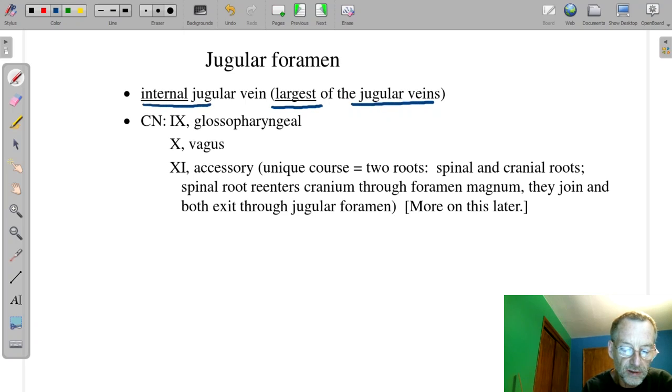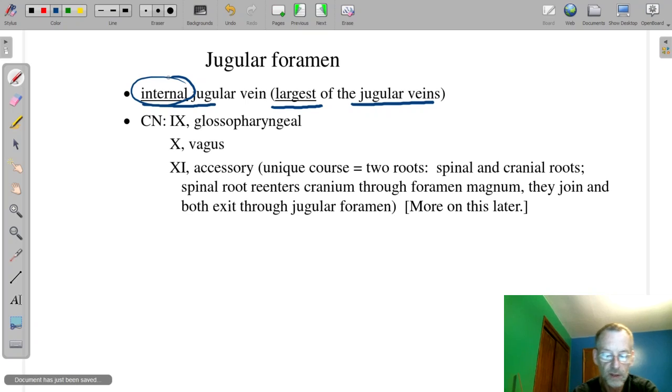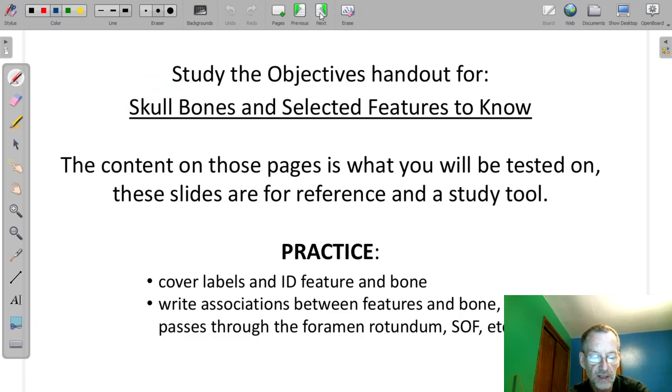It's the internal jugular. And then 3 cranial nerves in order, 9, 10, and 11, pass through the jugular foramen. So we will go over those repeatedly as we get into the nervous system. But 9, 10, and 11. Next slide.